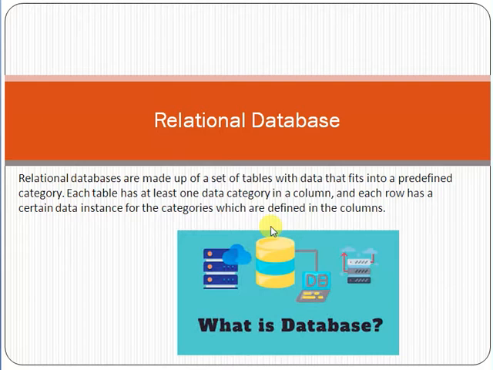Each table has at least one data category in a column, and each row has a certain data instance for the categories defined in the columns. Just think of a relational database as storing the data in table format. Let me give an example here. For example, you want to store data of a school management system.